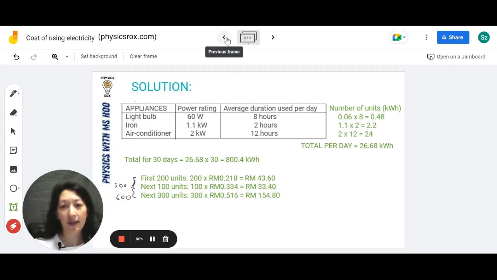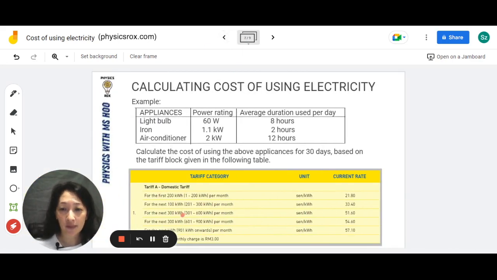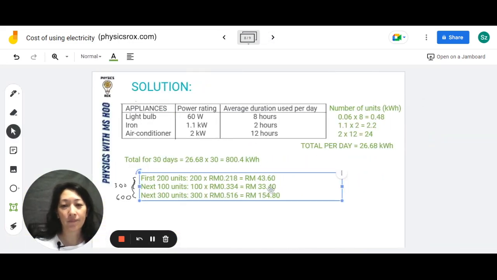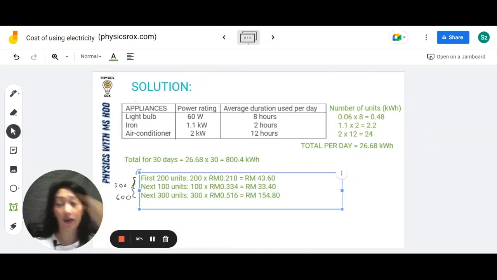So let's check. Is the next block more or less than 200? The next block is 300, so that's within this block. This block, 54.6. Don't write next 300 because next 300 will be like a total of 900 units. That's already more than how much the person is using. So the balance number of units we have not calculated yet would be 200.4 units.